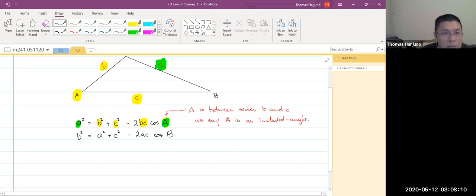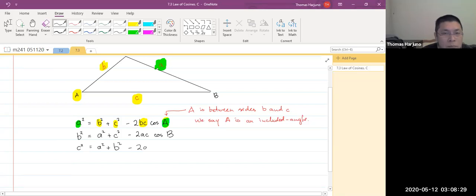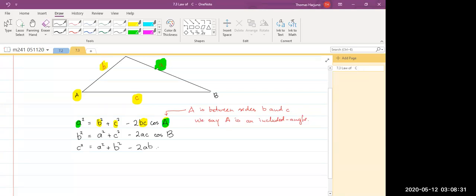Next, side C. If I have C squared alone on one side of the law of cosines, then tell me what I should have on the other side? A squared plus B squared minus 2AB cosine C. Good.